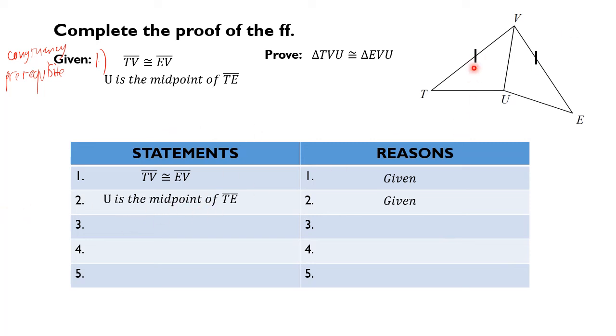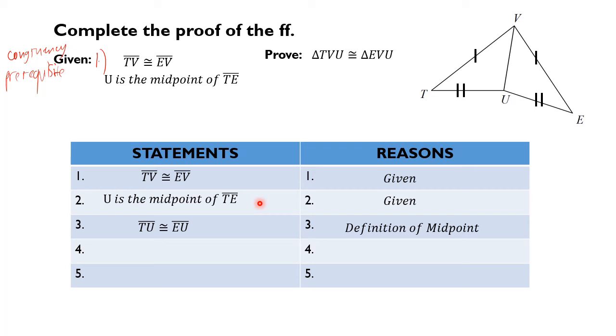Now, look into our diagram here and find the midpoint U. And it's the midpoint of side TE. It means that the two sides are congruent. Okay? Side TU and side EU. So, if we will go back to the basic geometric properties, they are congruent by the definition of midpoint.